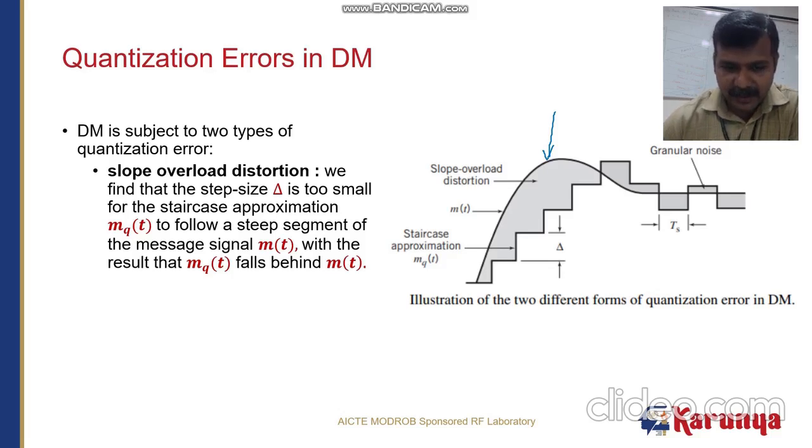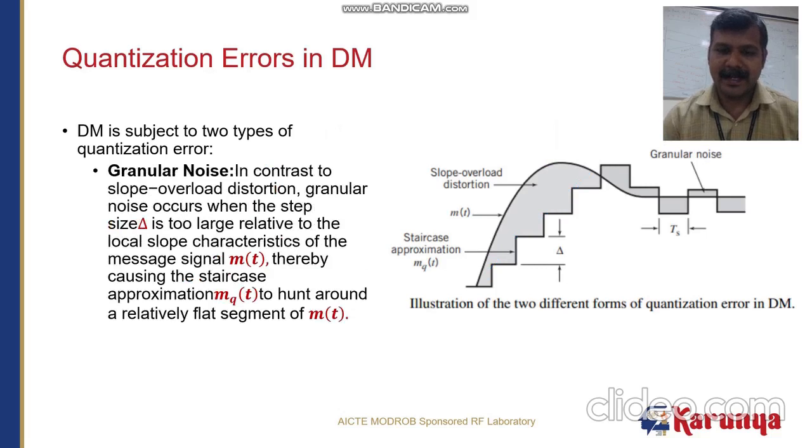So you can see the staircase approximation, what you see in this place, is well below the original message signal m(t). The noise or distortion raised due to this kind of staircase approximation is what we call slope overload distortion.